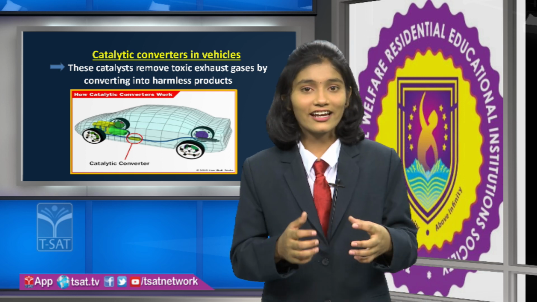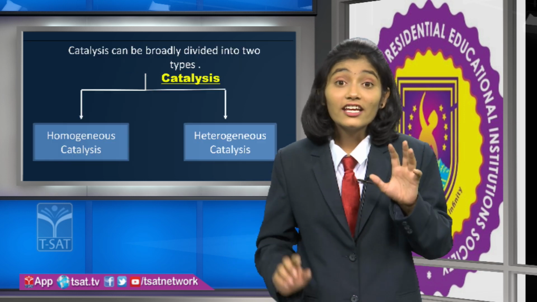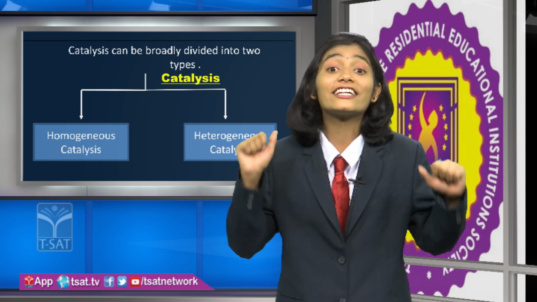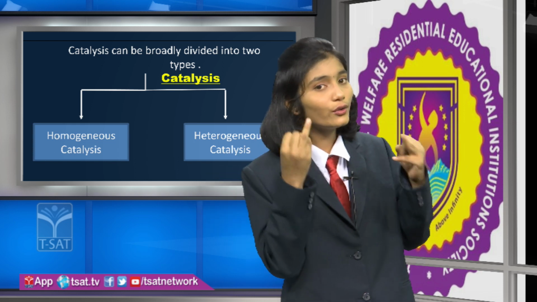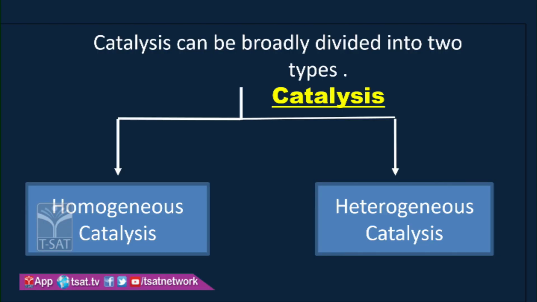Now friends, let us move a bit further. This process of catalysis is further broadly classified into two types. How many types? Two types. What are they? One is homogeneous catalysis and the other is heterogeneous catalysis, right?